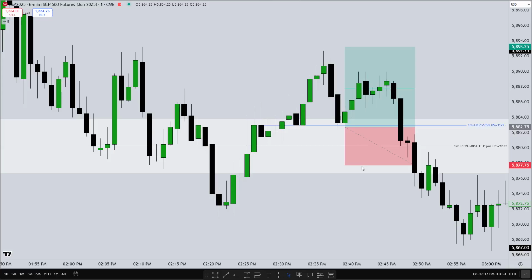So that's a constant that will never change in my trading, a 5 handle stop. That is just my risk management in play, and it's benefited me a lot. Right? So taking a look here, this candle closes right at the low, and then the next candle closes beneath the gap.